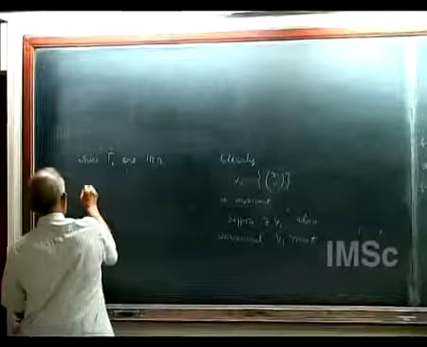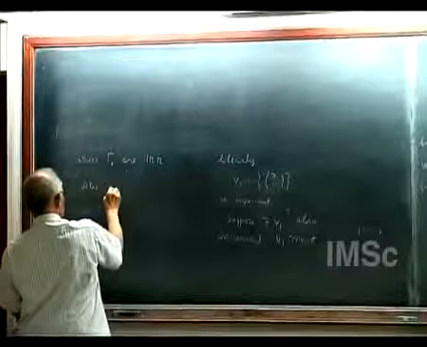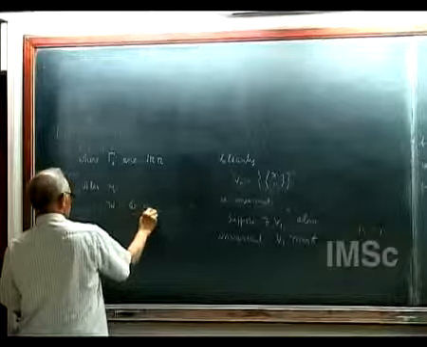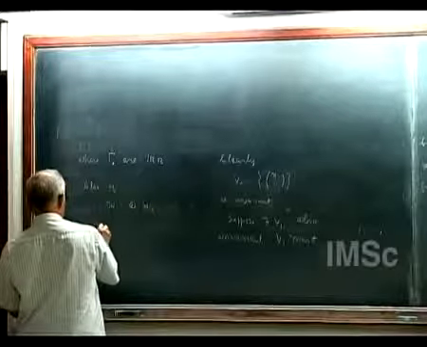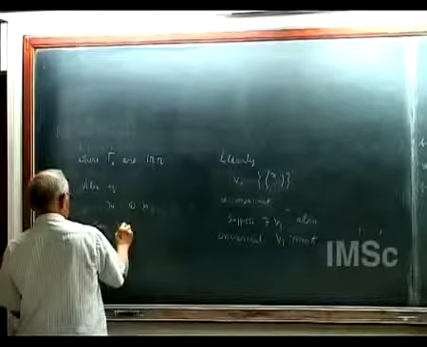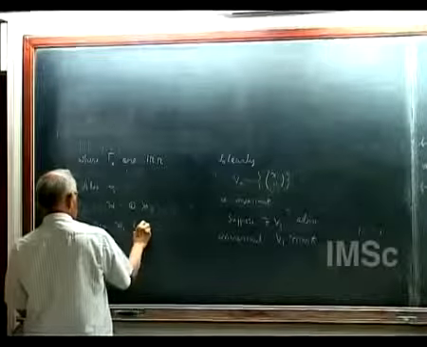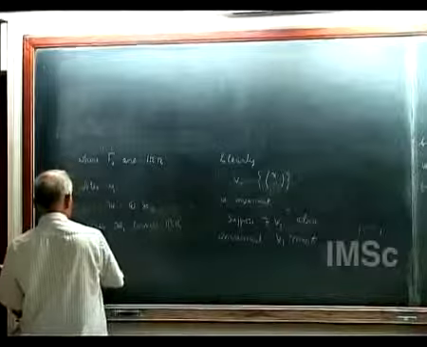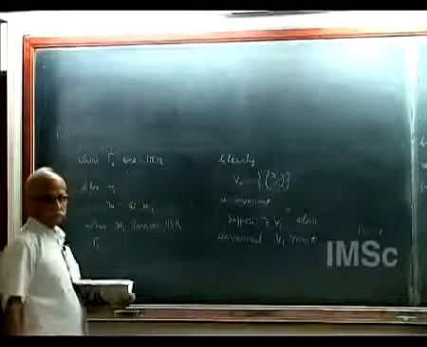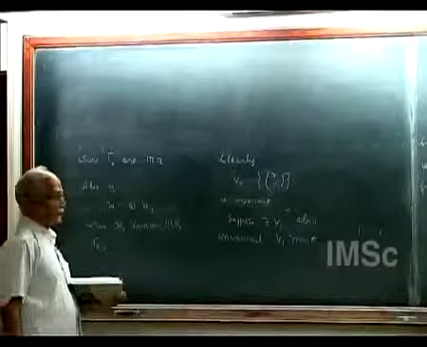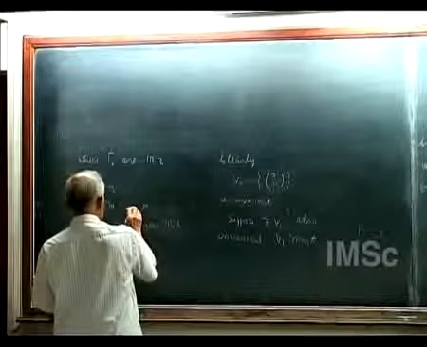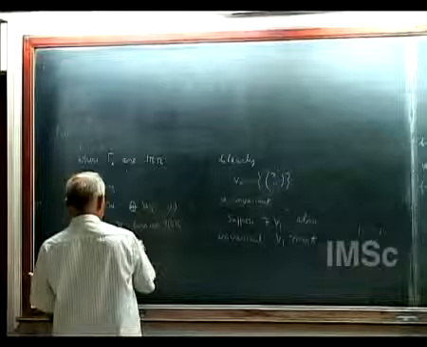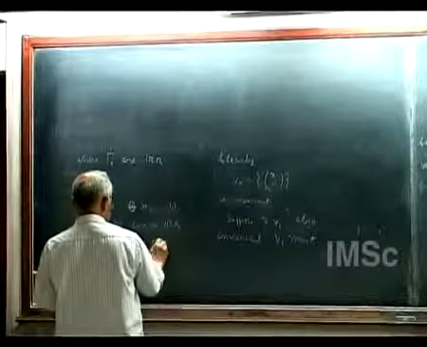Also, if H is the sum of H_i, where H_i carries IRR gamma_i, this sum here is an orthogonal direct sum.